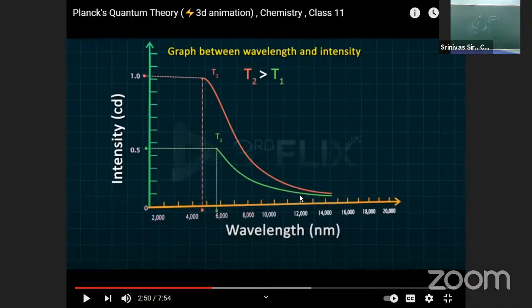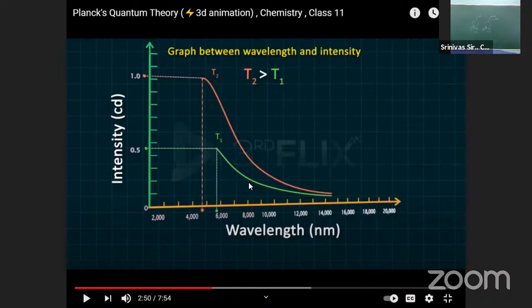Suppose at 12,000 nanometers of wavelength of the same electromagnetic radiation, the intensity is a little more than 0.1. Like that, if the wavelength is decreased further to 8,000 nanometers, the intensity observed is around 0.2.